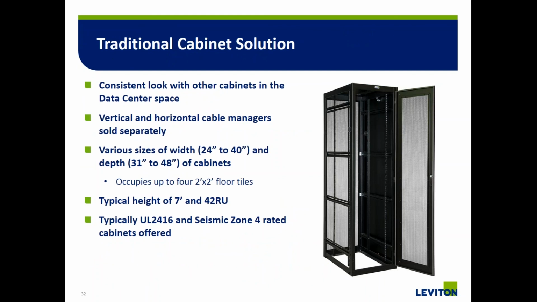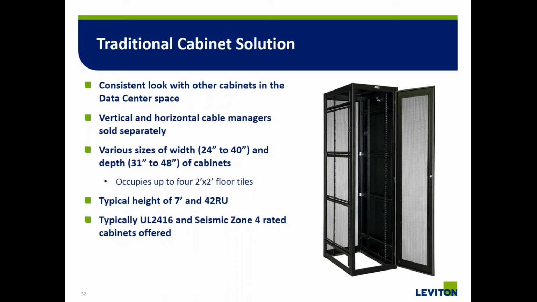Looking at features of a traditional cabinet solution, data center managers typically might spec 1 or 2 cabinet sizes for the same consistent look throughout the data centers. Cabinets are typically sold without vertical or horizontal cable managers, so you would have to piece together a solution, but there are some cabinet manufacturers that make to order.